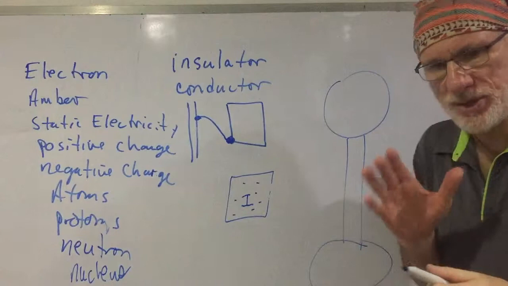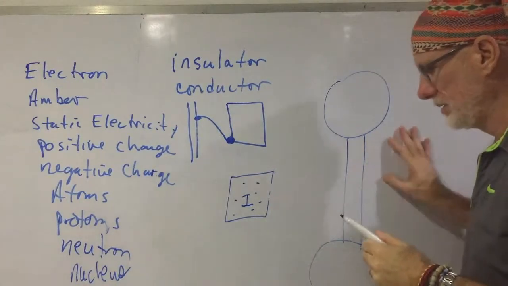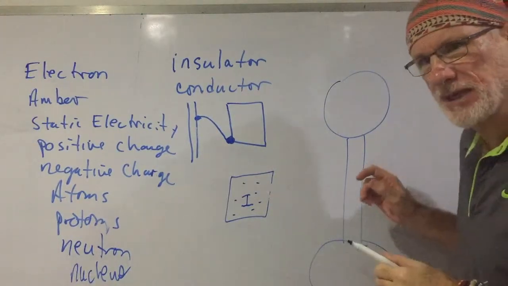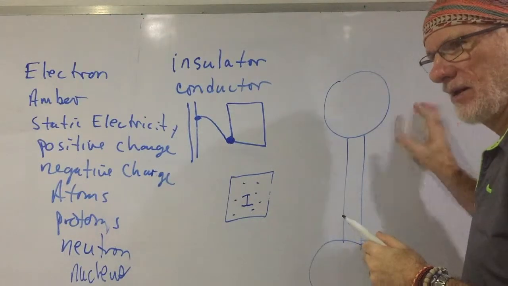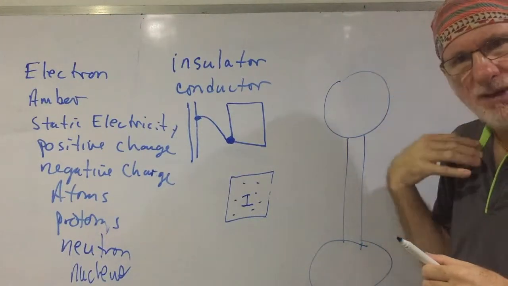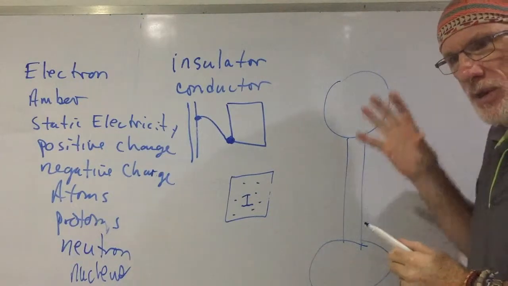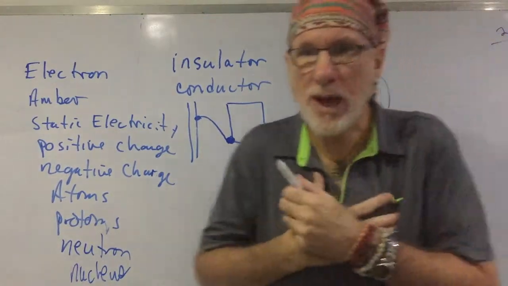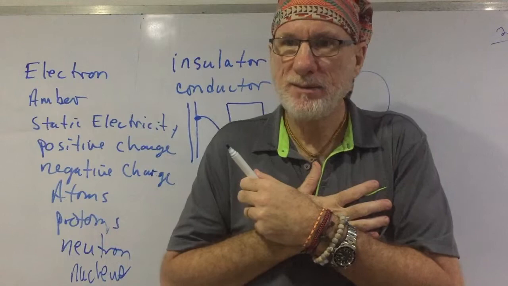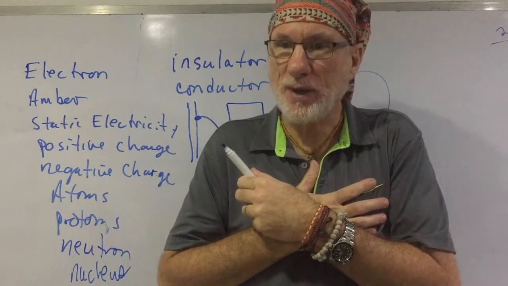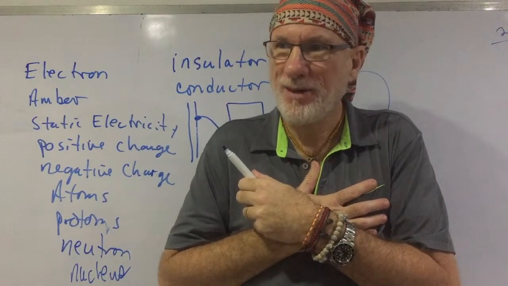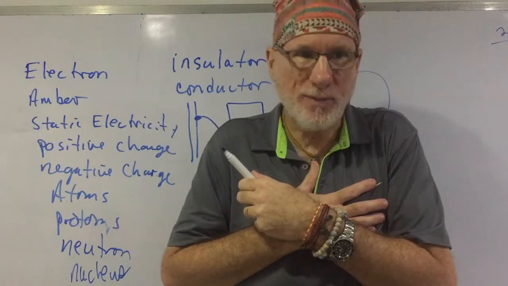All they had to do is touch something metal. This board is probably not metal, but we'll pretend it is. If they touched the metal, then the hair would go down, right? Well, what were you doing? You were taking the electrons. Your body conducts electricity, doesn't it? But you can still get a charge build up on it, can't you? How can you get a charge build up on your body?